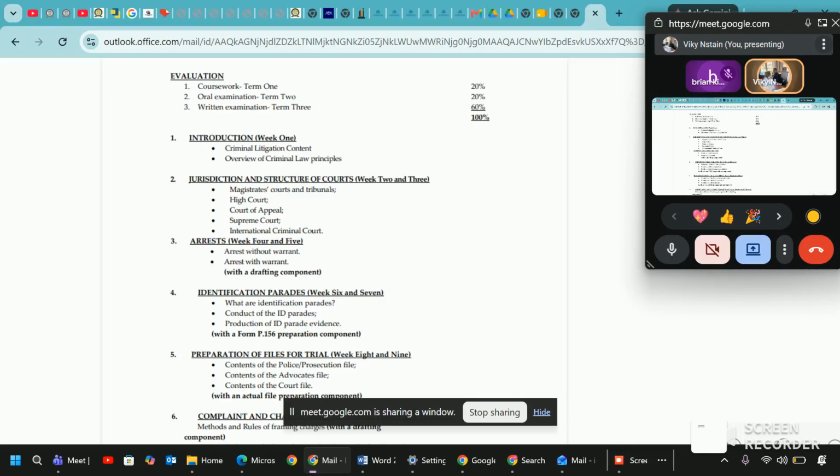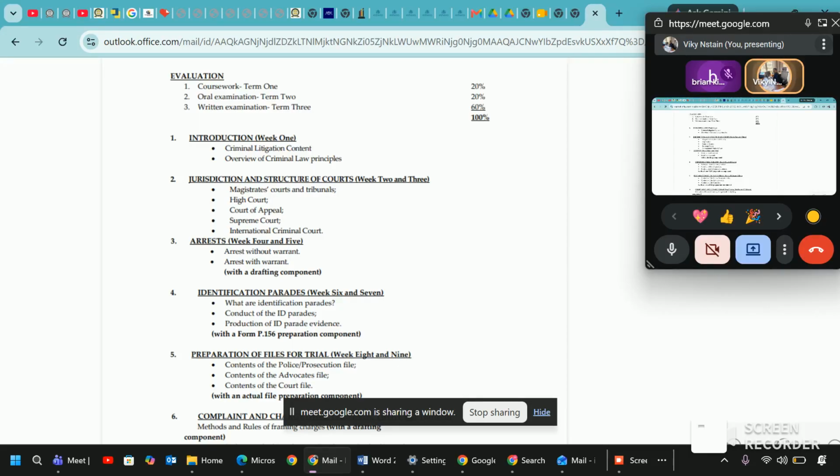It is a miscellaneous criminal application, or if the file already exists, you will list the criminal case number. In the matter of an application for issuance of a warrant of arrest, and in the matter of, you state the offenses that have been committed by this suspect.